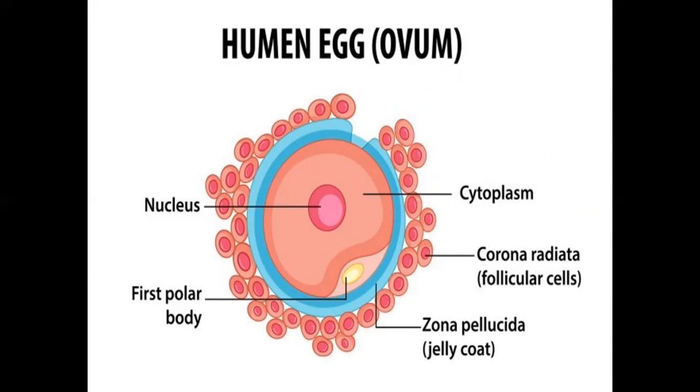What we are seeing is the outer layer, which we refer to as the corona radiata. Then the inner layer is the zona pellucida. So the enzyme produced by the sperm will ensure that it breaks down these layers so that penetration of the sperm is easier.